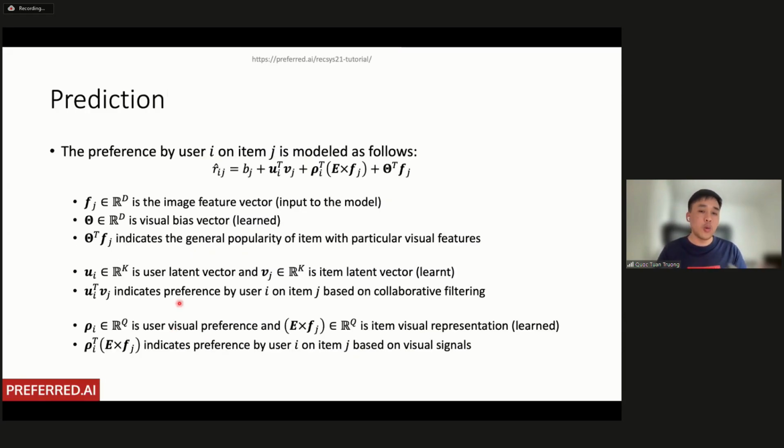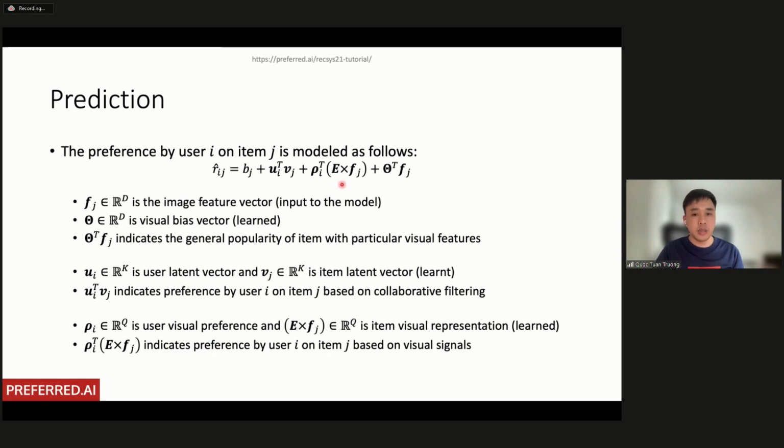So with that analysis, it comes down to how we model the preference, trying to predict the rating value between a pair of user i and item j. You have the bias of the item, and the matrix factorization part.